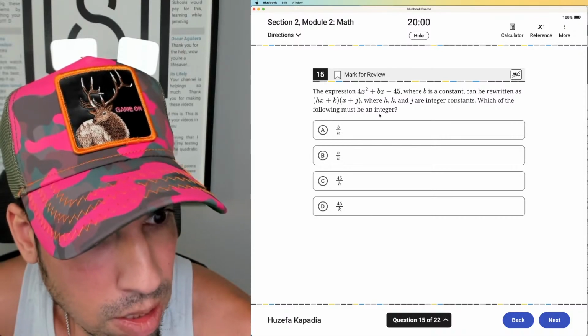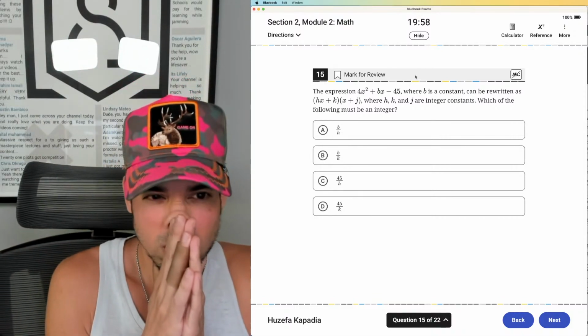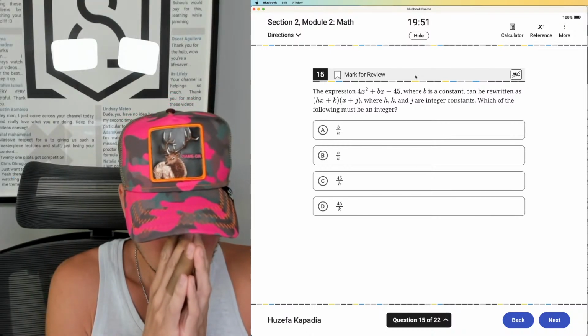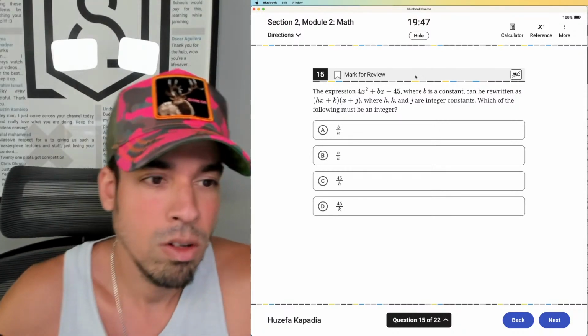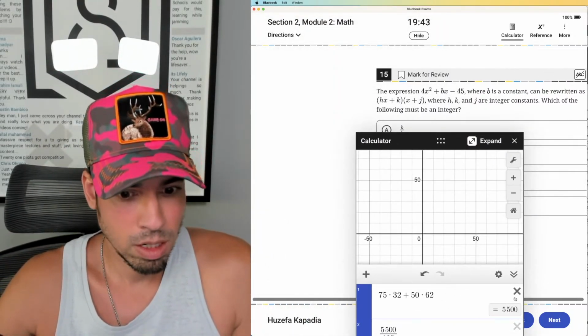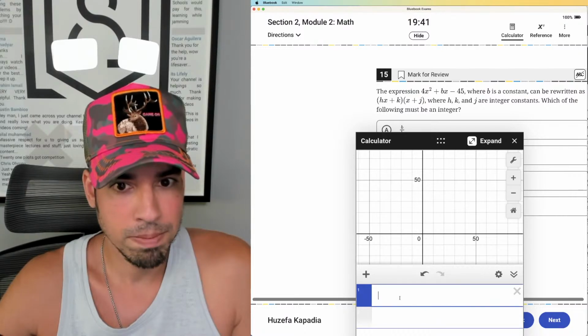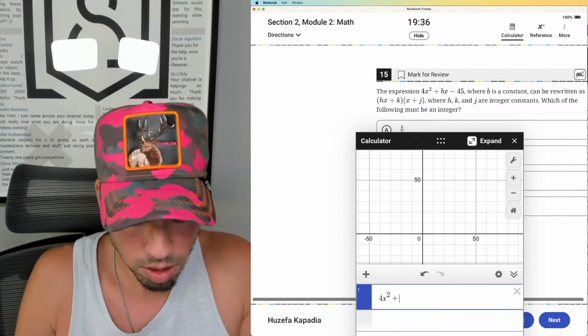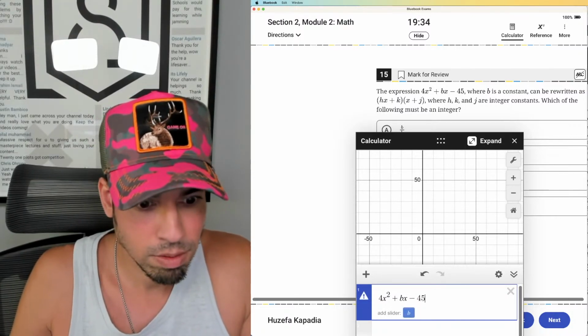Okay. Written as this. Which of the following must be an integer? Wait, can we do this in Desmos? I don't know. Let me try. Okay, so if we did, again, these are equivalent, right? 4x squared plus x minus 45.